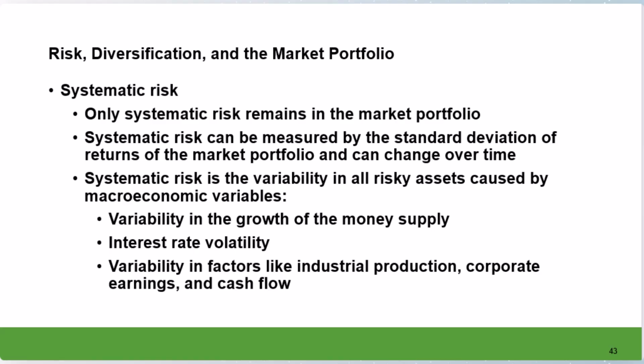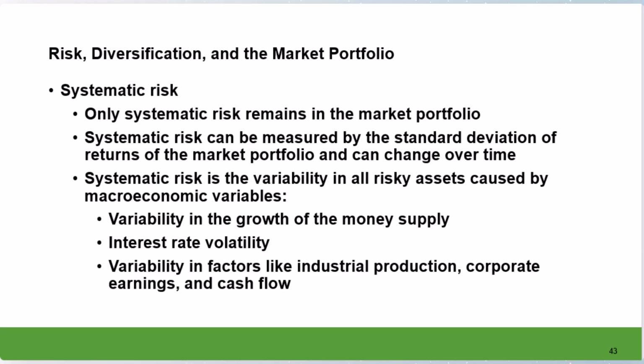So what has happened here with this capital market line, since we have risk, diversification, and this market portfolio, the only systematic risk in the environment is the risk of the market portfolio.